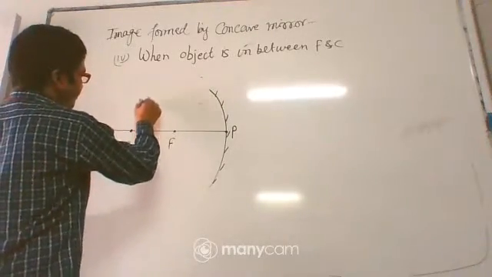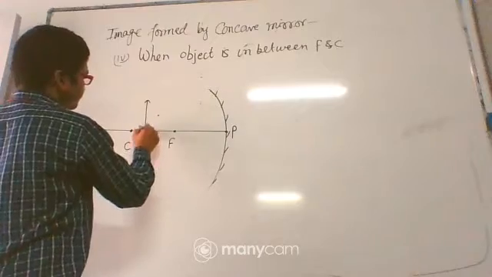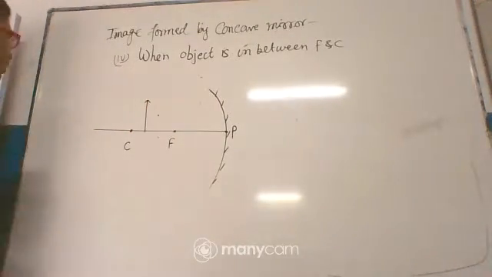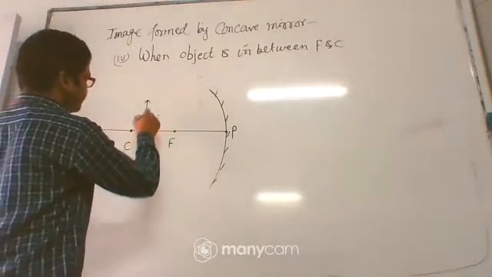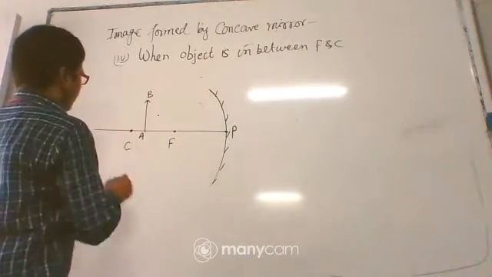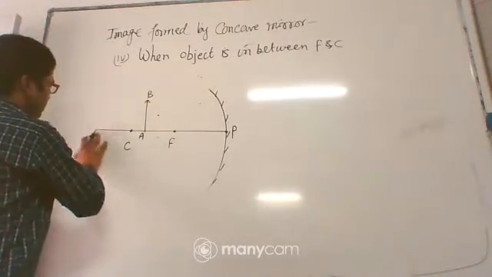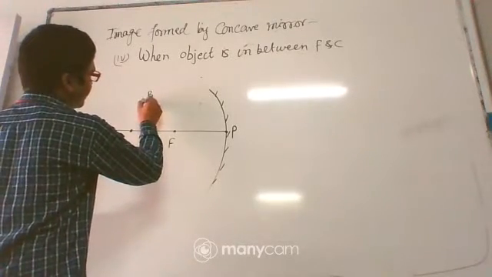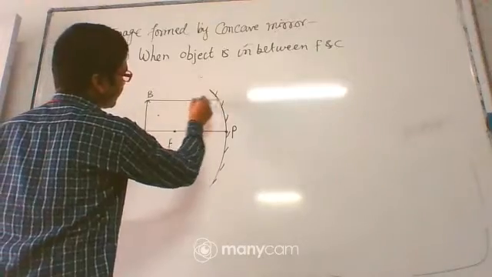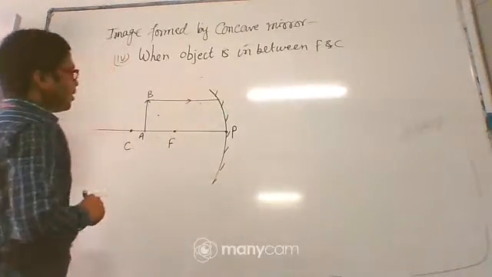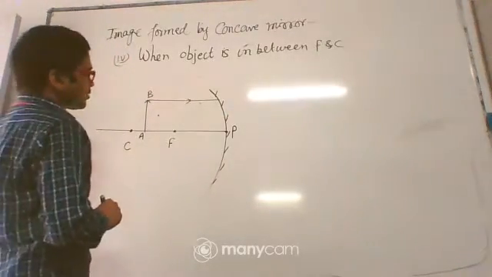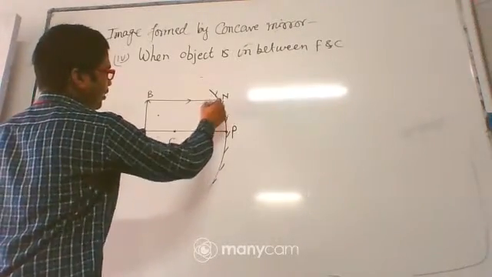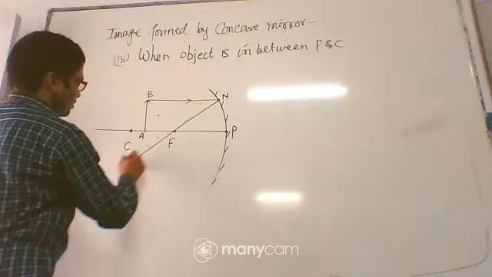You can see here, this is the object AB. Now one of the rays travels parallel to the principal axis, and after reflection from the mirror it will pass through the focus.